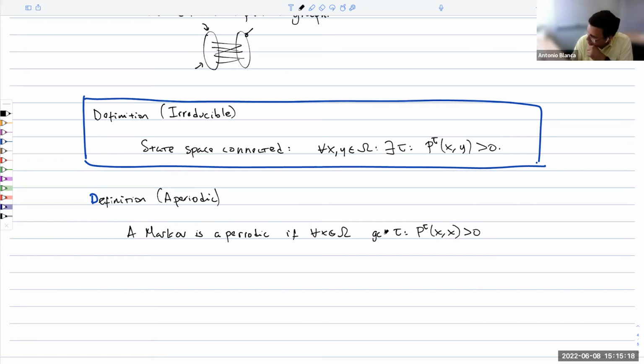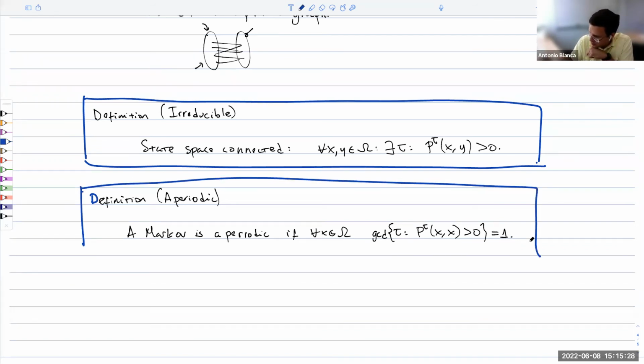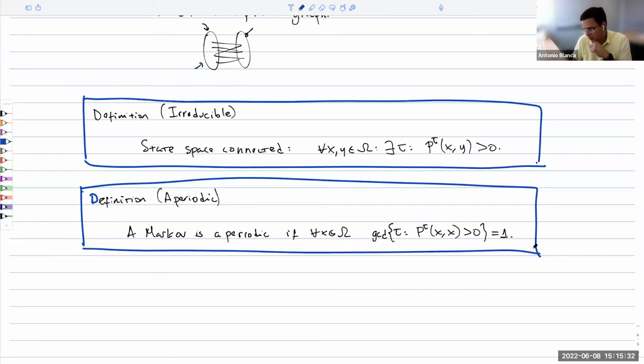I look at the greatest common divisor of all of these numbers, and this has to be equal to 1. With these two conditions, that's all we need. If the chain is irreducible and aperiodic, then it converges to a unique stationary distribution. So let me write that. This is the fundamental theorem of Markov chains.